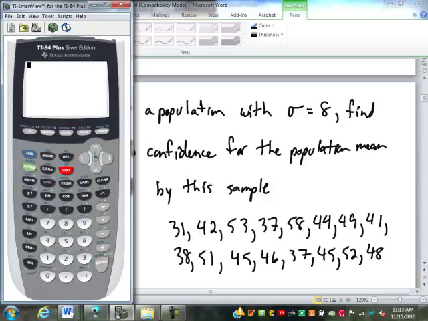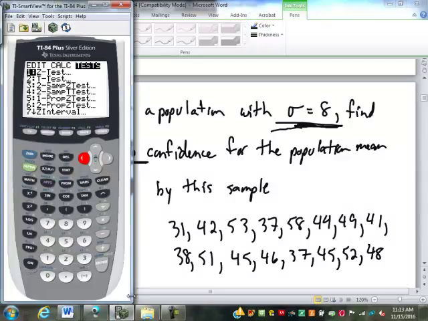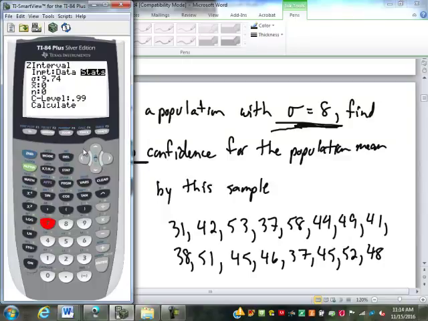We'll go back to stat, tests. Now I'm going to make my confidence interval. It's 90%, but I know the population standard deviation. I was given the population standard deviation. So this is a z-interval at 90%. I'm going to go down to number 7, ZInterval. And I am dealing with data this time.